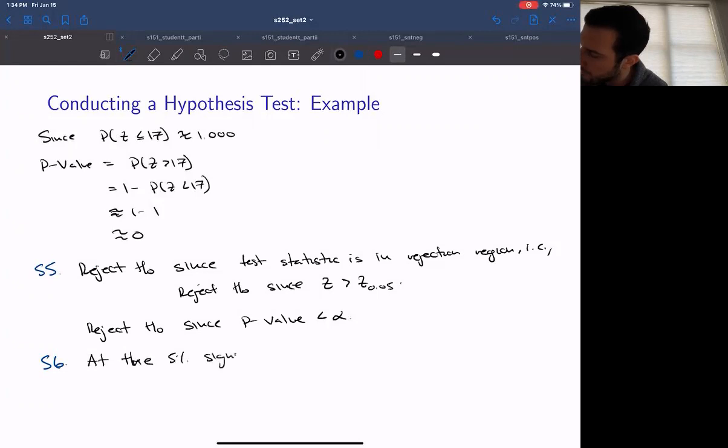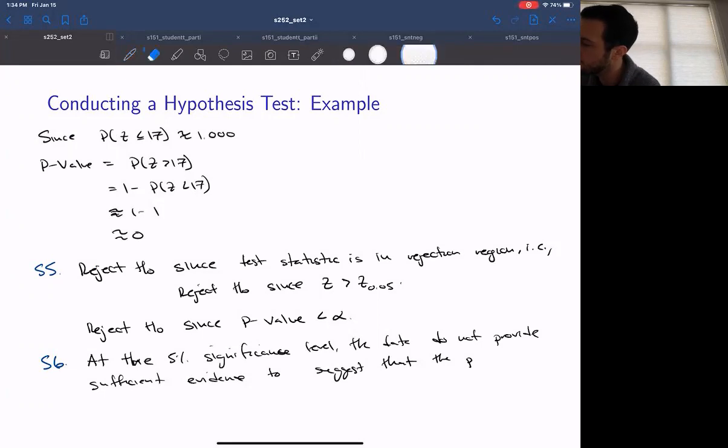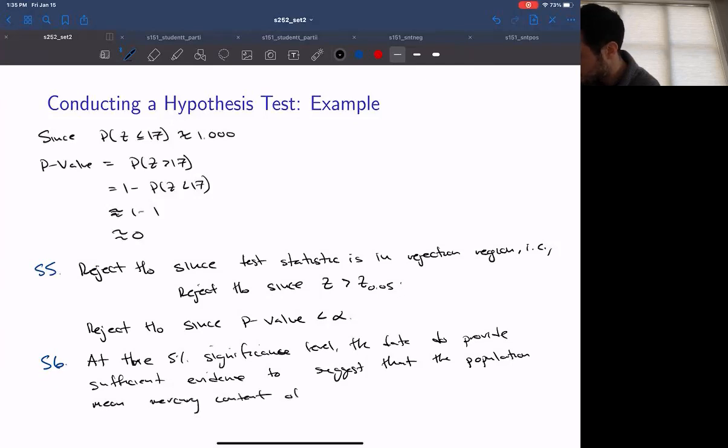At the 5% significance level, the data do not provide sufficient evidence to suggest that the population mean mercury content of tuna exceeds 0.40 parts per million.